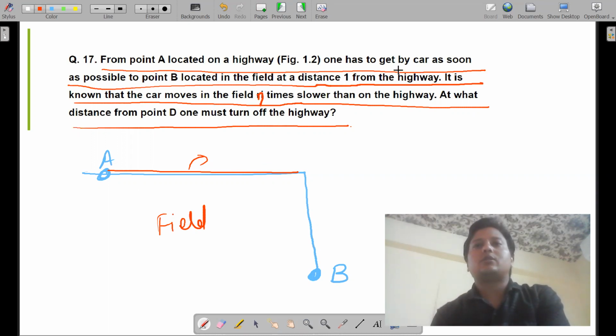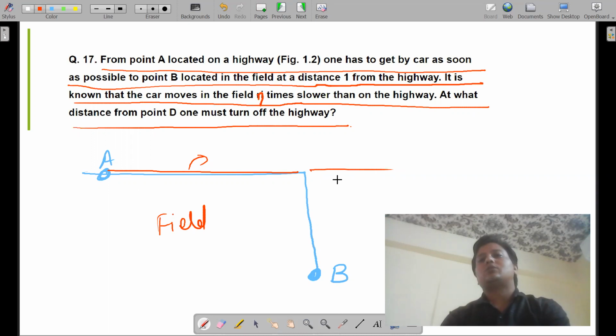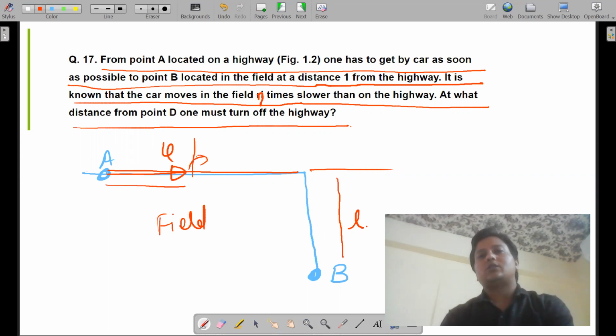So the separation of point B from the highway is given as L. Suppose on the highway the speed is u, and suppose this distance is x, and this distance is L naught.